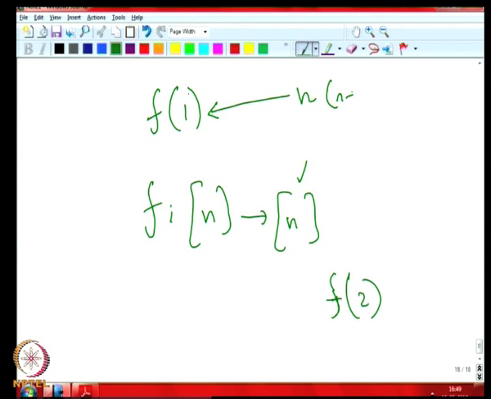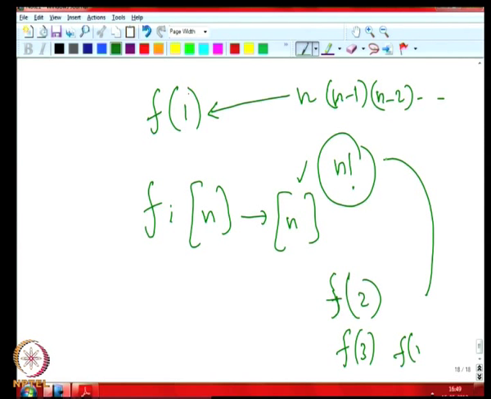So n into n minus 1 possibilities for f of 1 and f of 2. Now f of 3 can take values from the remaining n minus 2 things, so there are n minus 2 possibilities, and so on. By the time we fix a value for f of n also, we get n factorial possibilities.